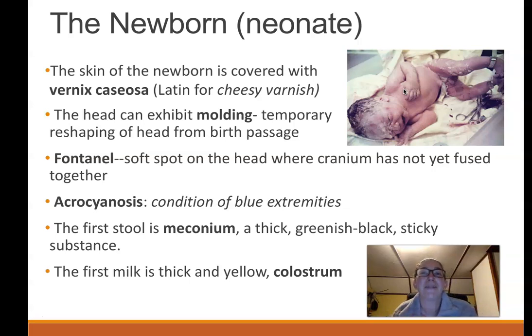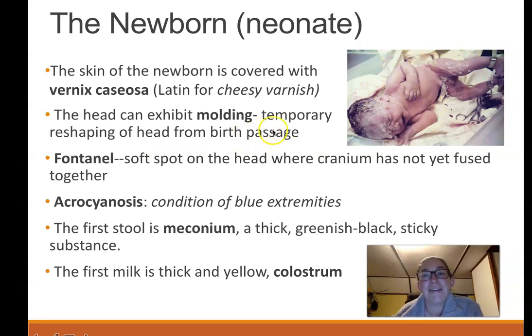Think about when you spend time in a hot tub and your skin gets all wrinkled and raisiny. And so the vernix caseosa, which is what that body butter is called, is there to protect the skin while it's floating around in that amniotic fluid. So it comes out looking kind of cottage cheesy, and we usually wipe that off.